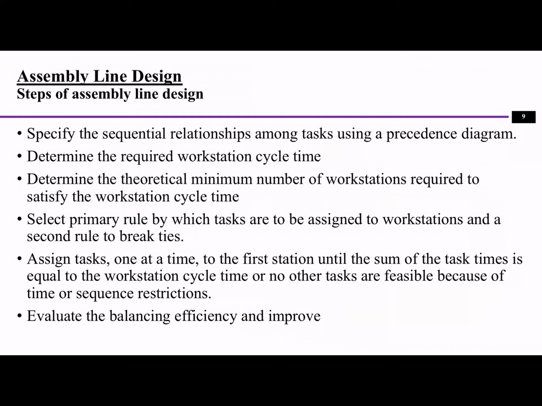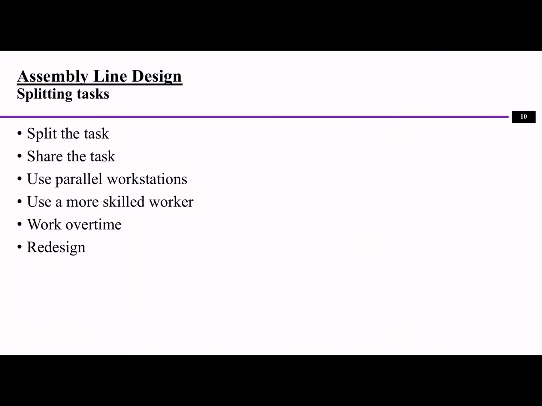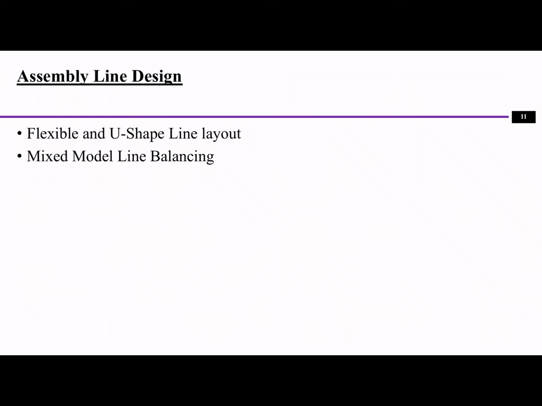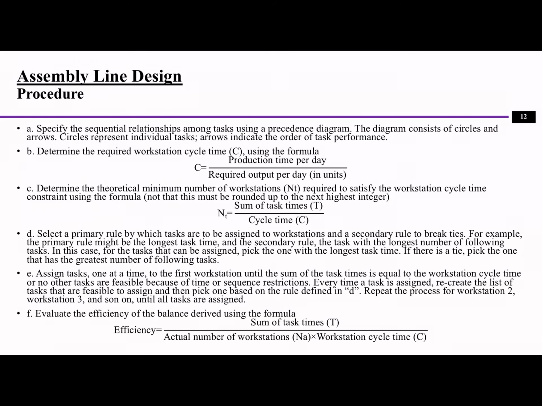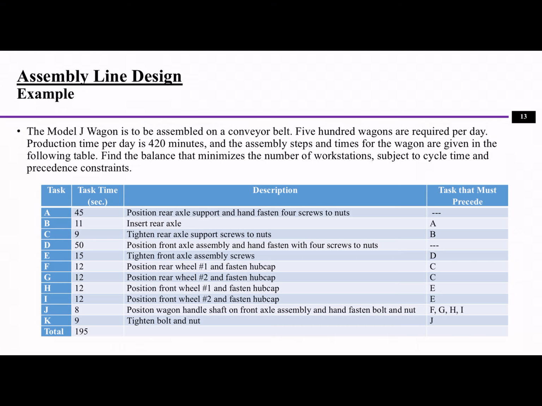Now let's use one example to demonstrate how it works in the real world. I'll go through the example first. These are the equations, which are already there. All right, so this is an example.